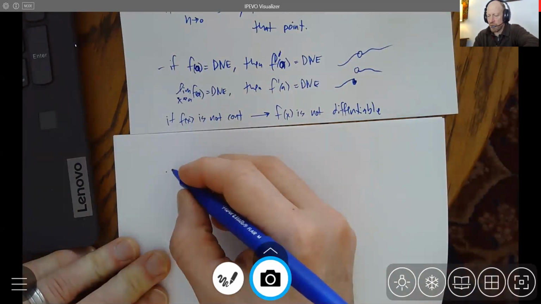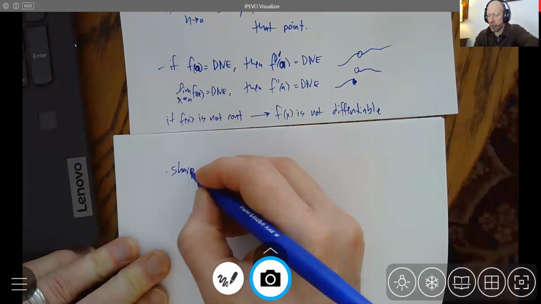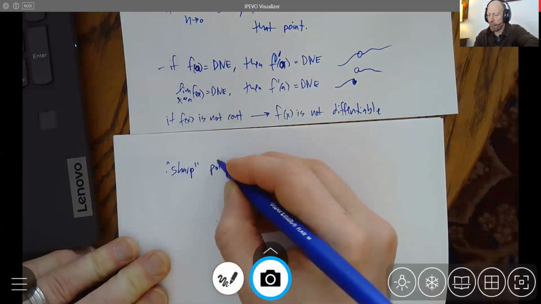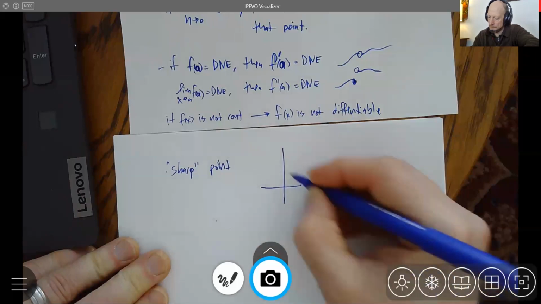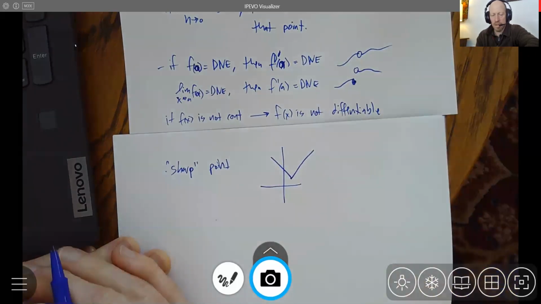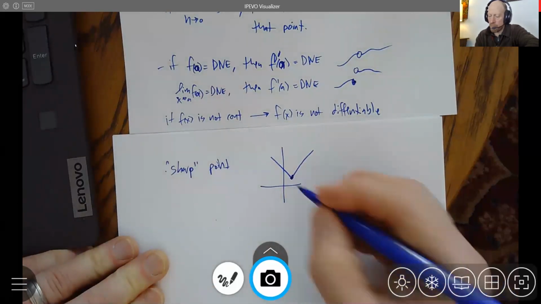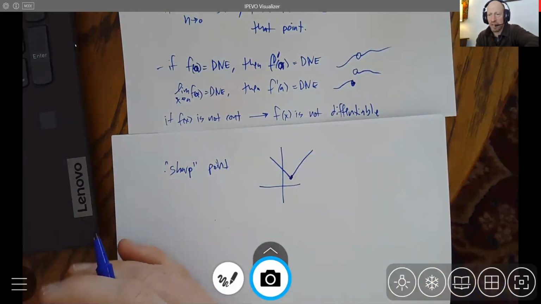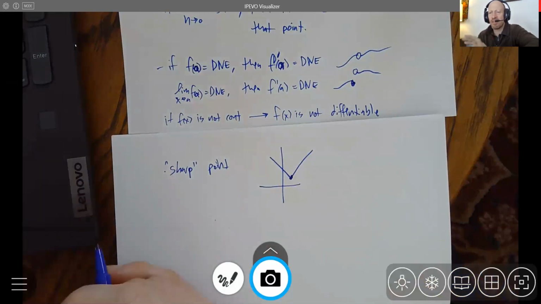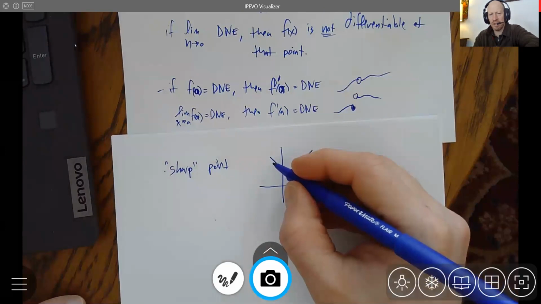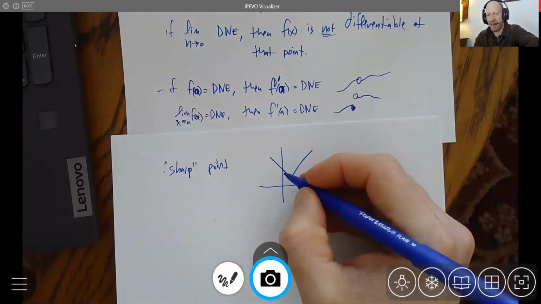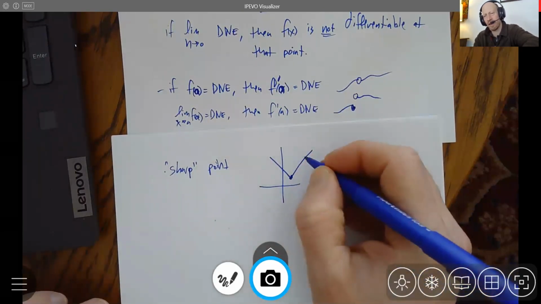Other places it will fail to be differentiable are if there is a sharp point like this. That function exists there, the limit of the function exists there, that's all fine, but the derivative does not exist because the derivative is the slopes, and the slopes make a really rapid change, like an instantaneous change from going one way to going the other way.